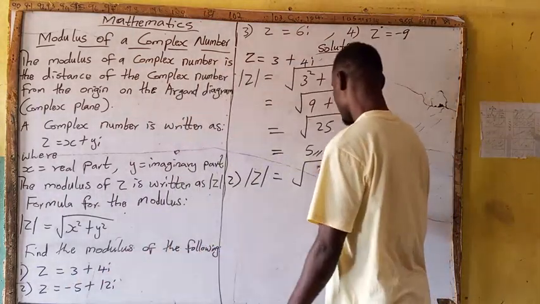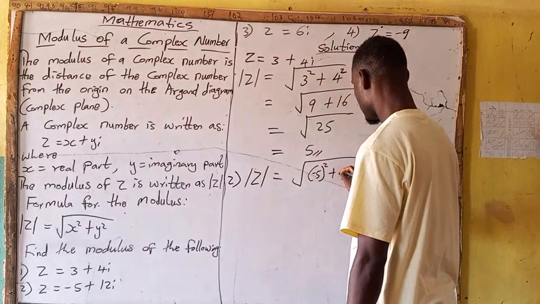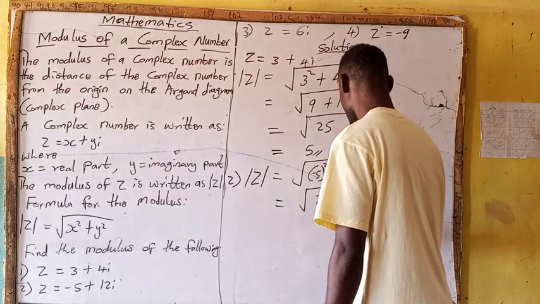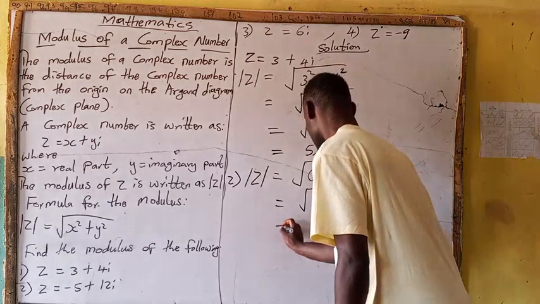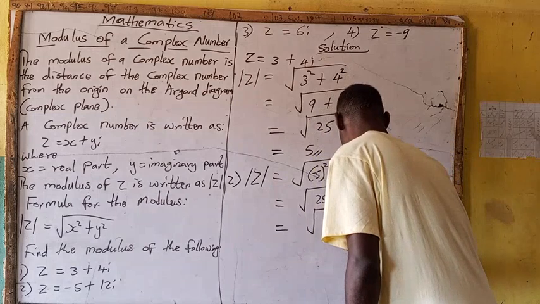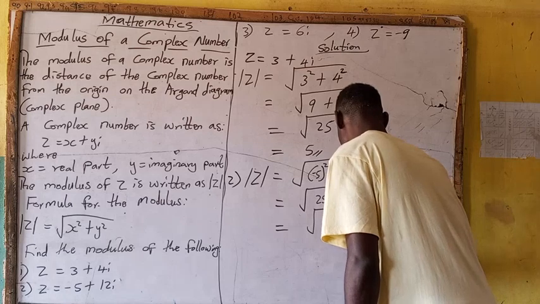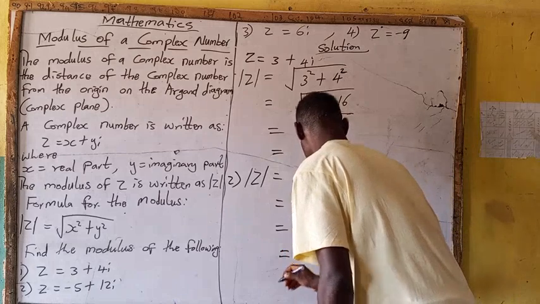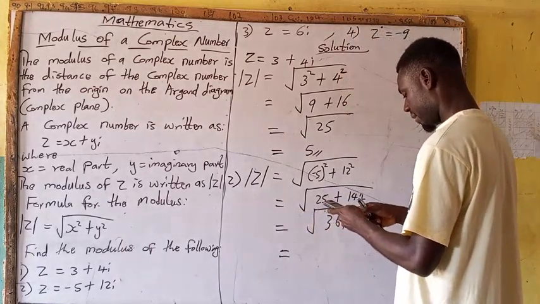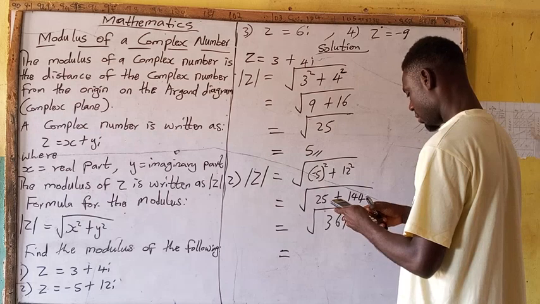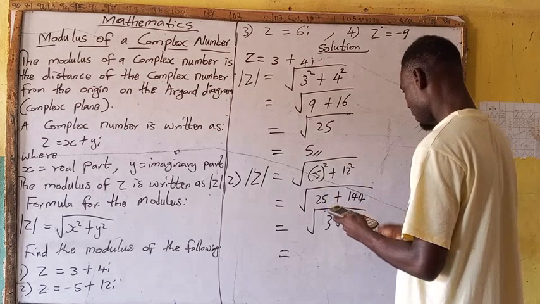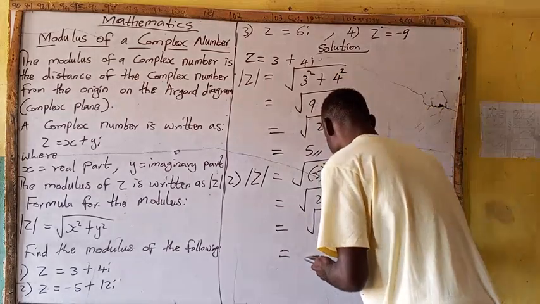The first value is negative, so you put negative 5 squared plus 12 squared, which should give us 25 plus 144, which is equal to the square root of 169.